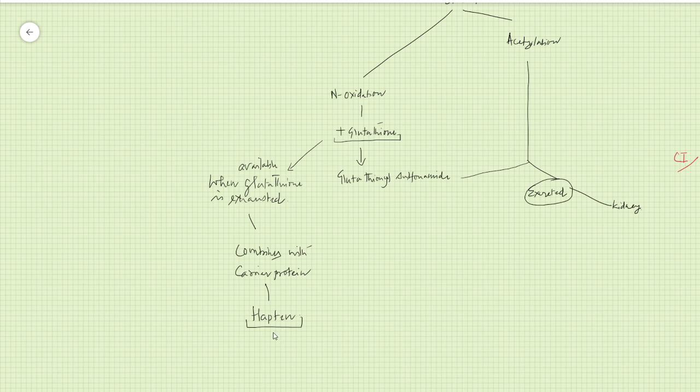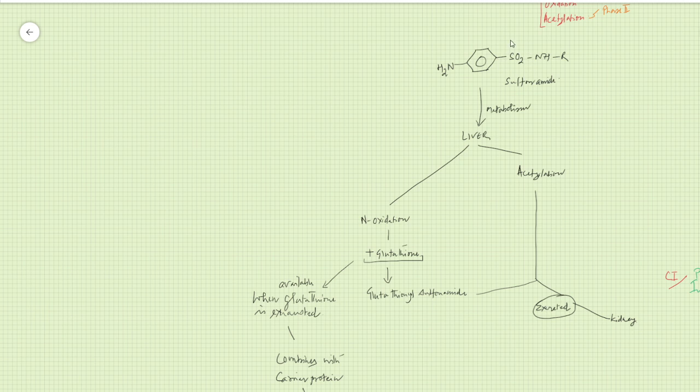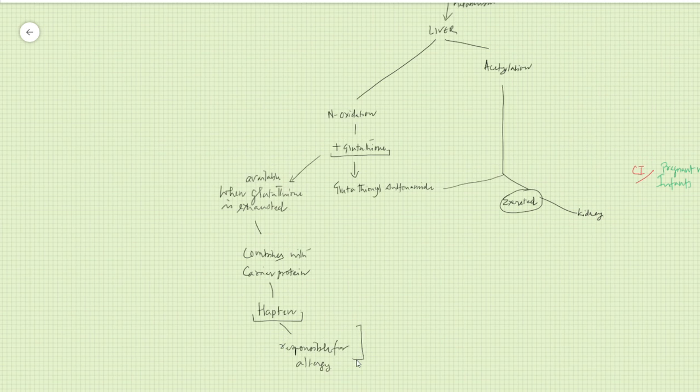Those antibodies then become responsible for allergy. The point to remember here is that all sulfa-containing drugs have the potential to provoke an allergic response.